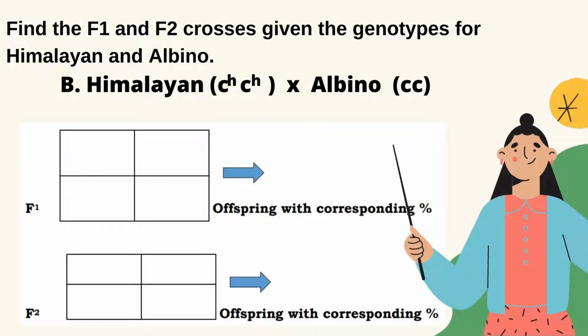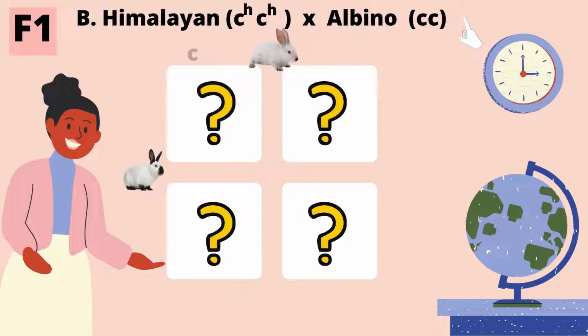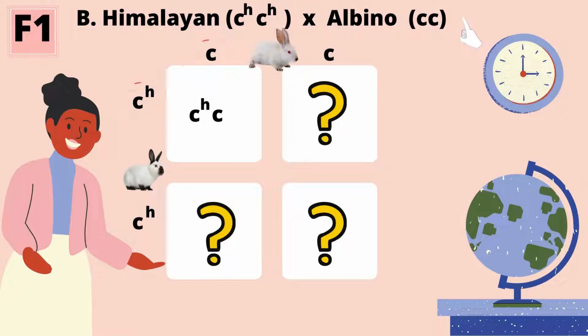Find the F1 and F2 crosses given the genotypes for Himalayan and albino. Using the Punnett square, let us solve for F1, crossing the Himalayan and albino. Again, combining the contributed allele or gametes of each parent, so we have lowercase c with superscript h and small letter c in the first square.